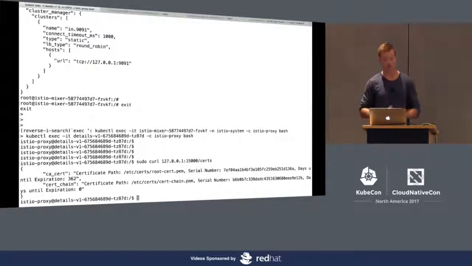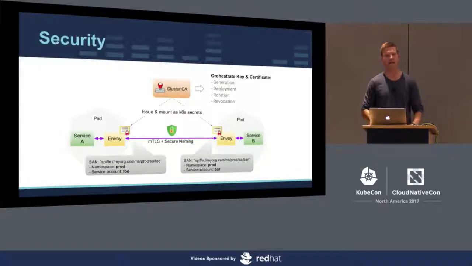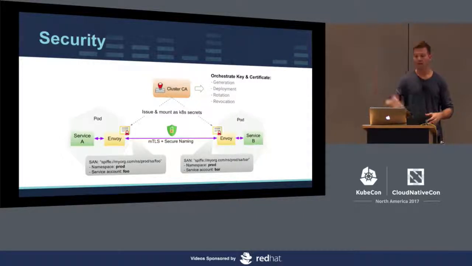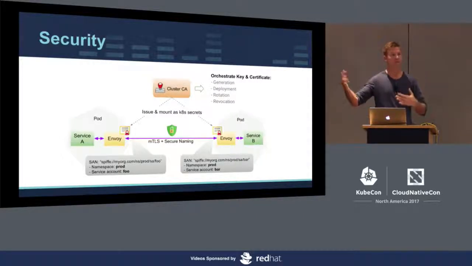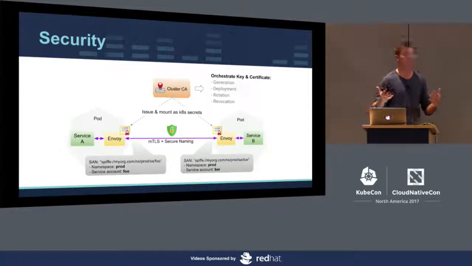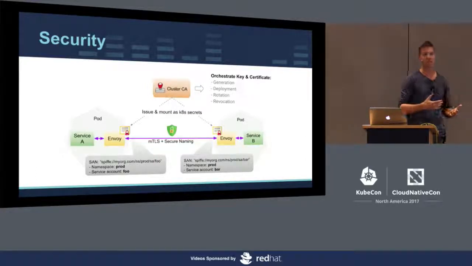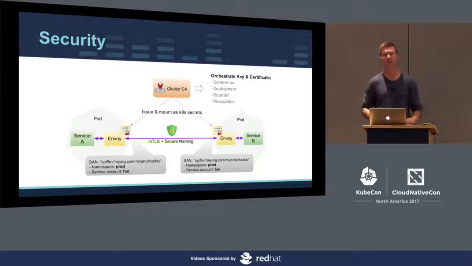We're able to authenticate based on that identity. We're able to do things like mutual TLS, so that for all the communication between the different services, those services do not have to be configured for TLS. If we configure the mesh for TLS, then the Envoy proxies, as they intercept that traffic, will go ahead and create a mutual TLS connection with any of the other proxies that they need to forward traffic to.